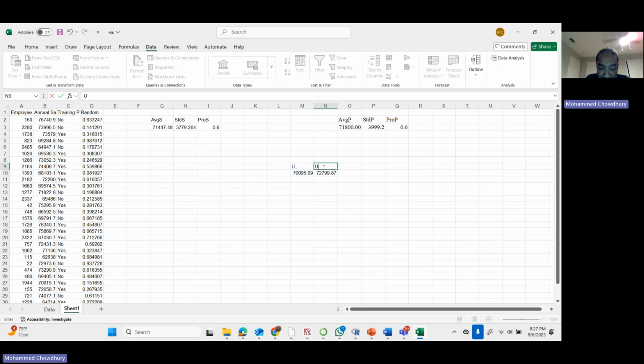The 95% confidence interval for the mean, the 95% interval estimate of the mean annual salary of the manager, lies between 70,095 and 72,799, which covers the true population mean.